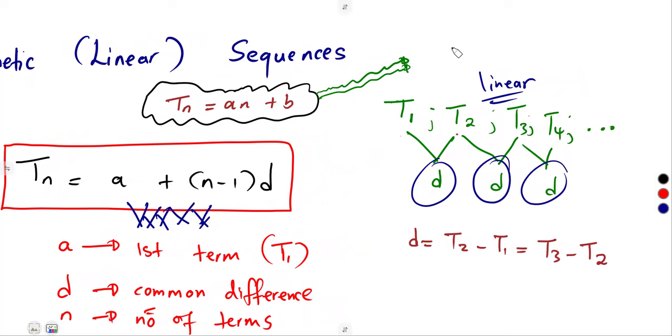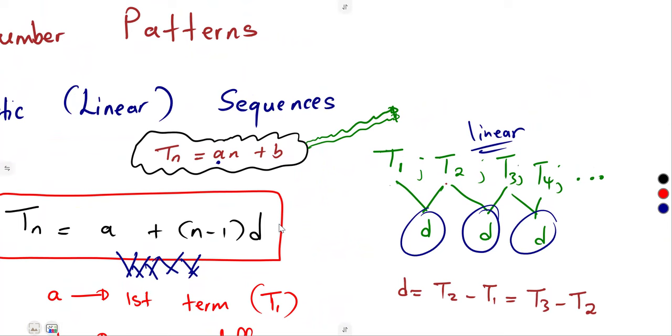So if I am using this formula, we understand that our a in this case, I've got this a here. A is just like the gradient, that change in y over the change in x. So in actual sense, on this sequence, a represents that common difference.